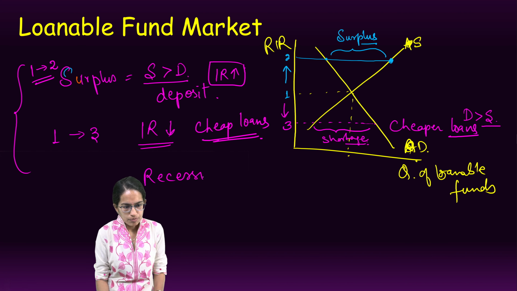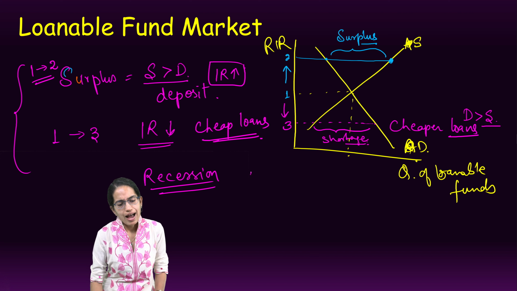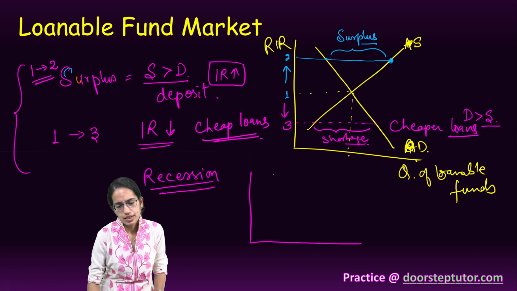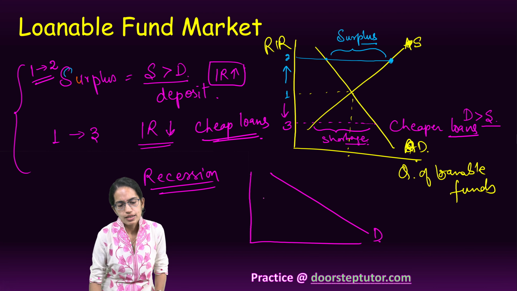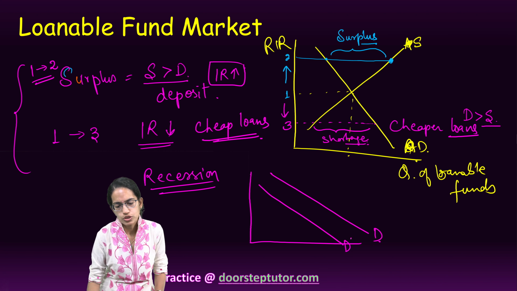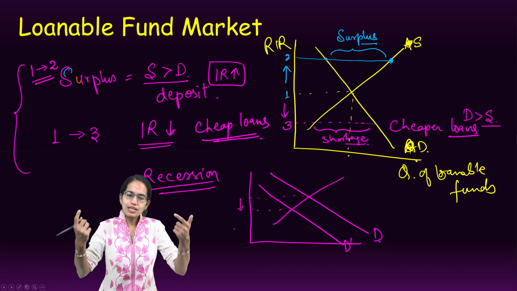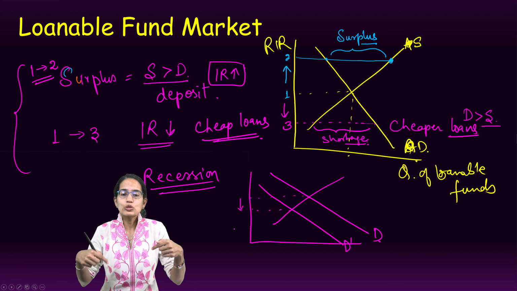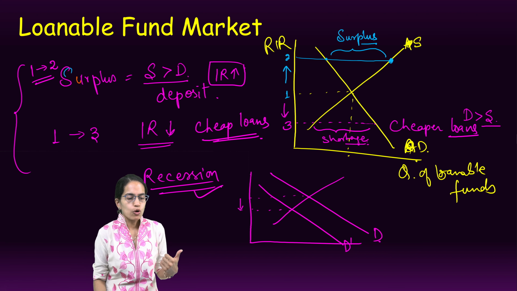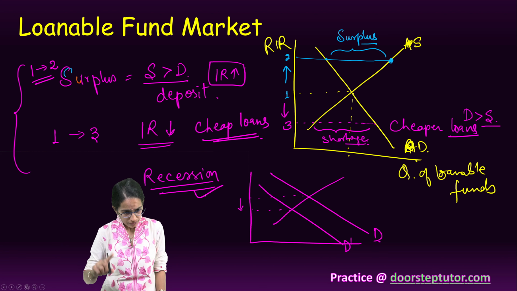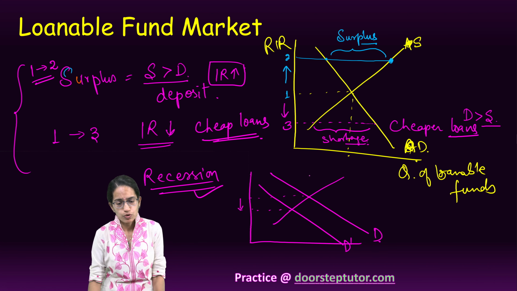During a recession, I am not ready to invest, right? So the demand in the market actually falls down. Since the demand falls down, this was the supply line, and this was my interest rate, and my interest rate would decline because the demand is falling because of a recessionary cycle.